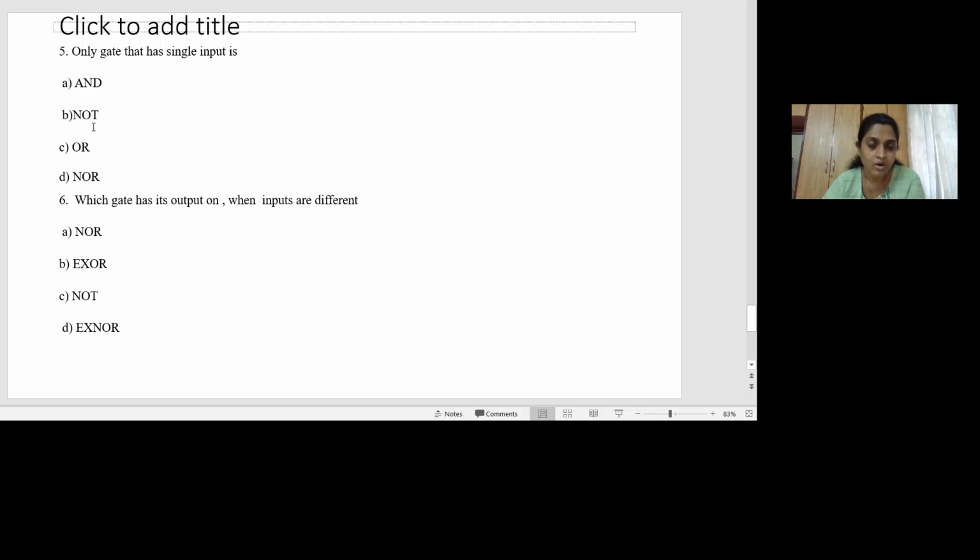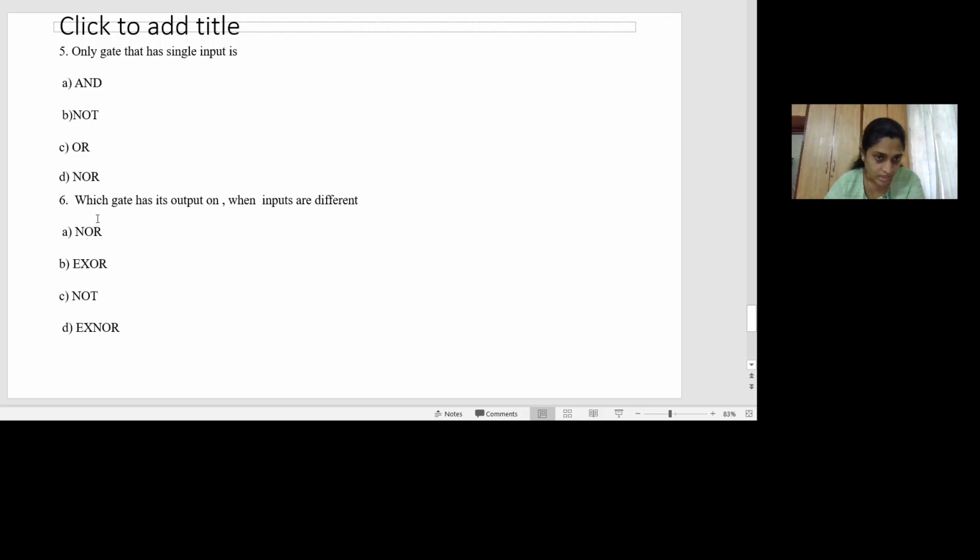So all the gates except NOT have two or more inputs, whereas the NOT gate has only one input. So the answer is NOT gate.